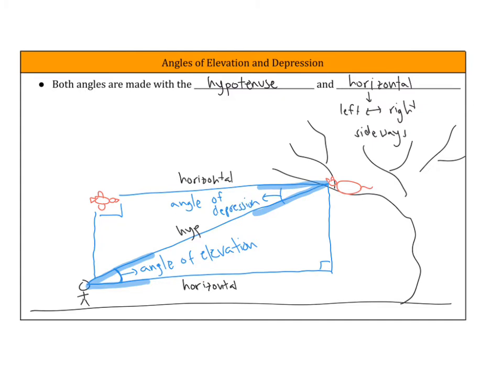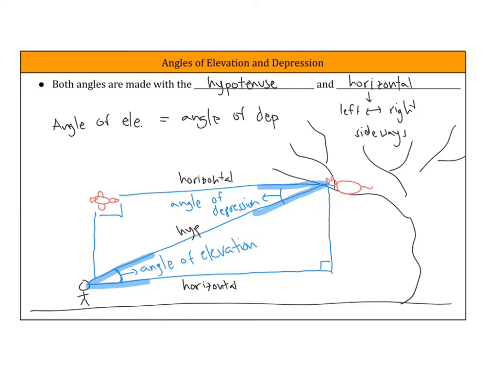Okay, so technically two different angles, but if you remember from our parallel lines, these two angles are actually alternate interior angles. So what we can also say is that the angle of elevation is actually equal or congruent to the angle of depression.